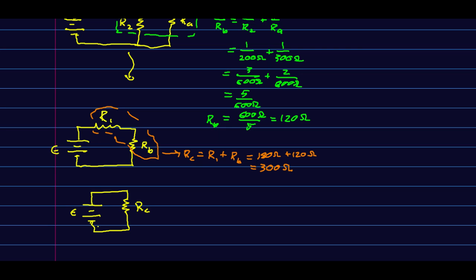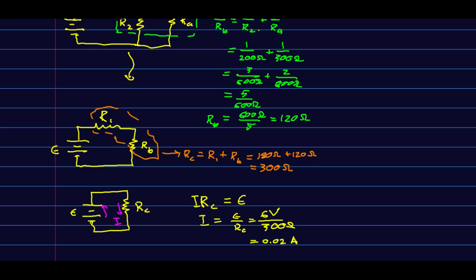Now the loop law tells us that the voltage across this resistor is the same as the voltage across the battery. And so I RC, where I'm calling the current that circulates in this circuit just I, is epsilon. So this I is just epsilon over RC, so 6 volts over 300 ohms, which is 0.02 amps.